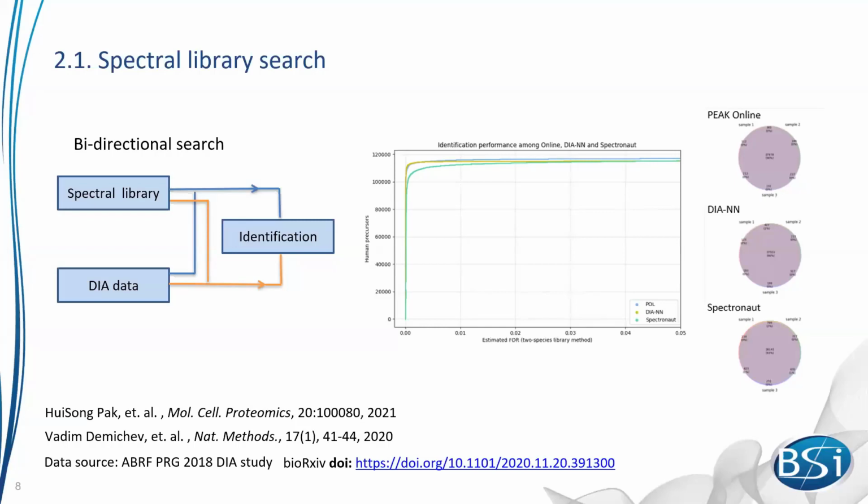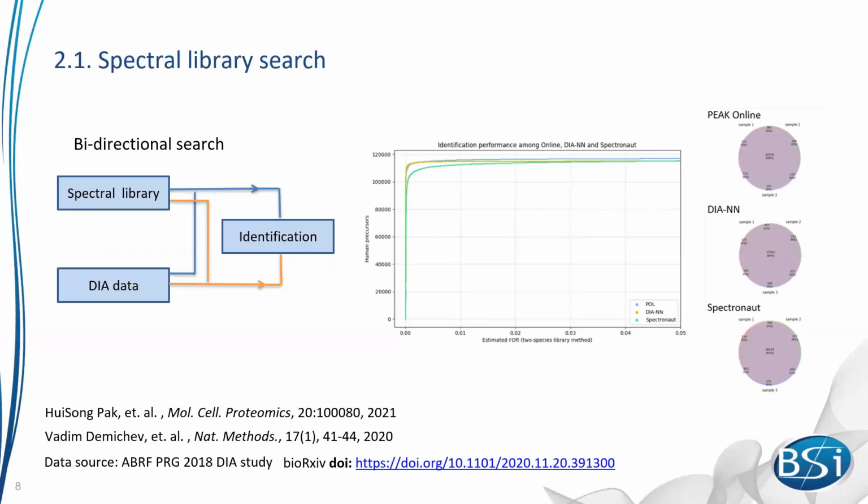We see whether, given a precursor in the data, there are corresponding parts in the spectral library. By this two-directional search, we can significantly improve the identification rate and also control the false discovery rate.